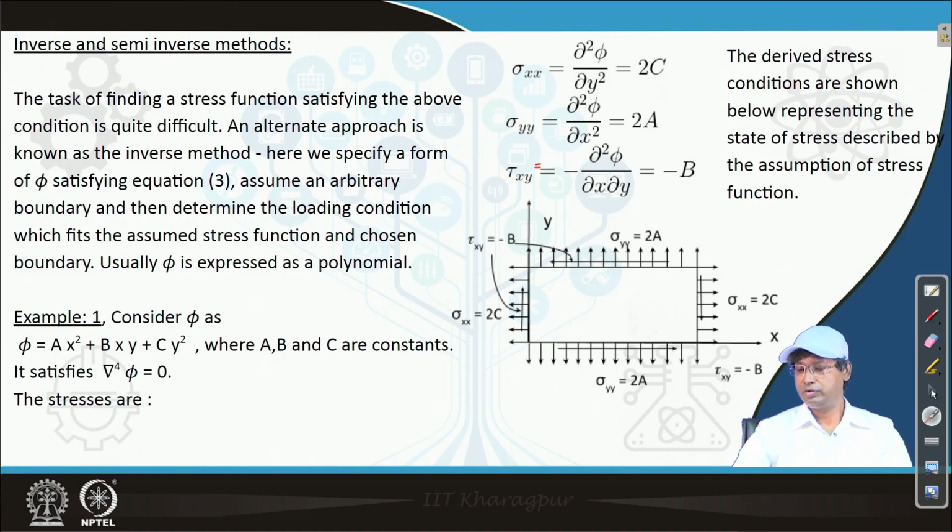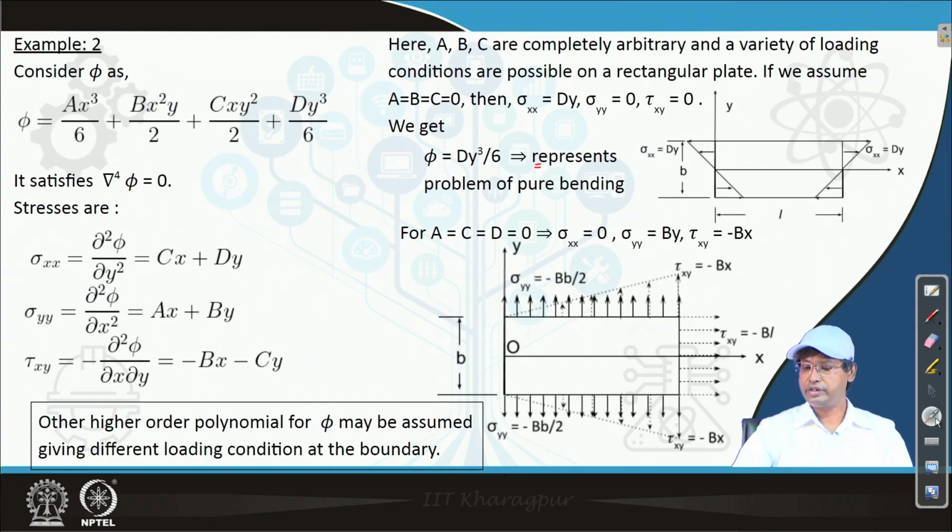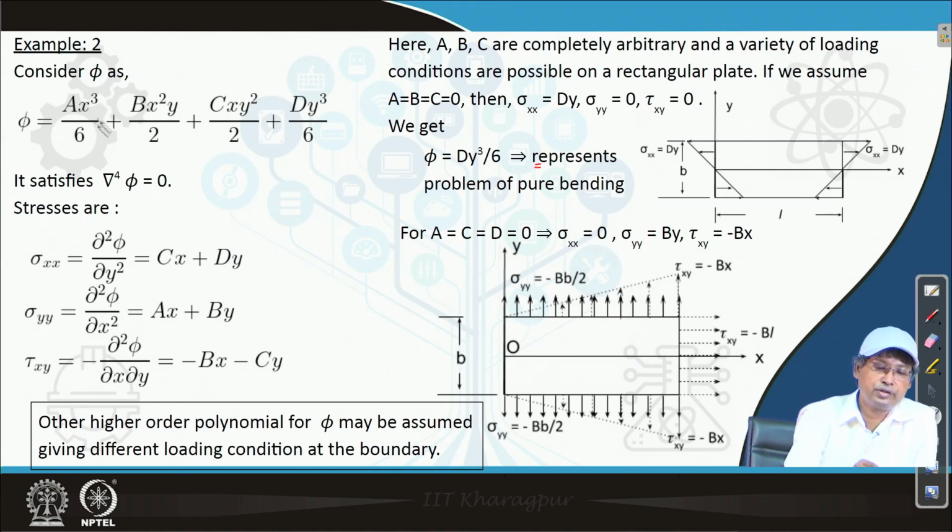Let us see one or two more problems in the inverse approach. In example 2, we again assume a polynomial. In this case, the polynomial we have assumed is a x cube by 6, b x square y by 2, c x y square by 2, and d y cube by 6.